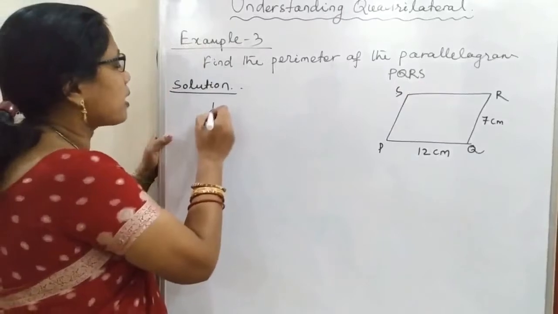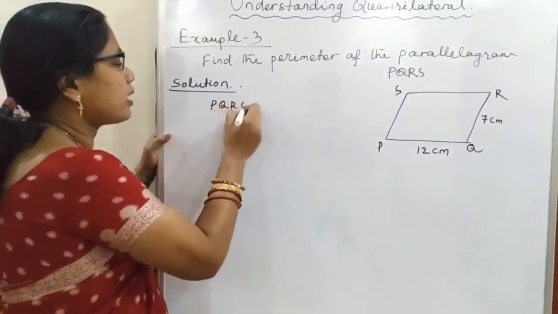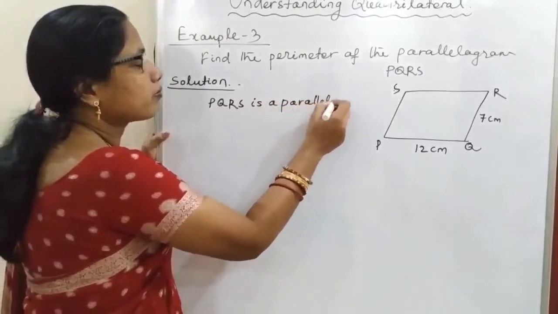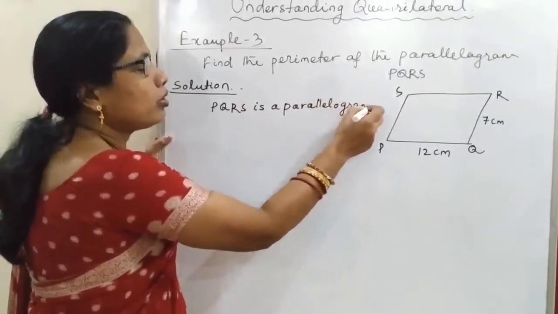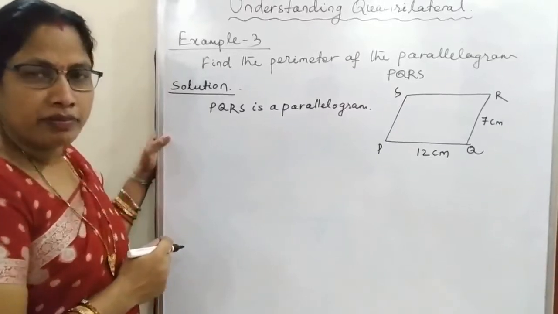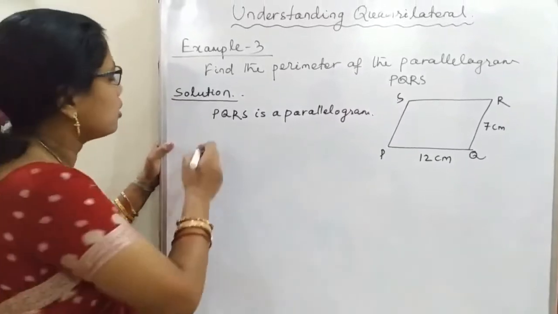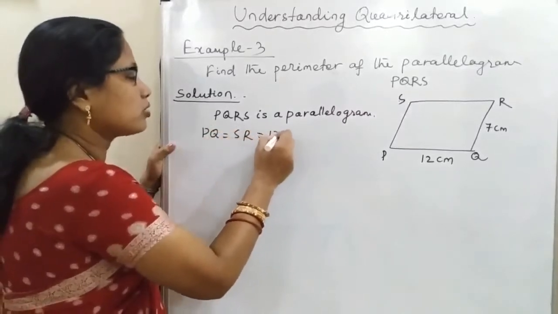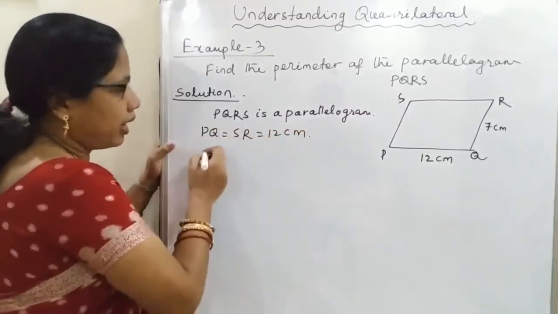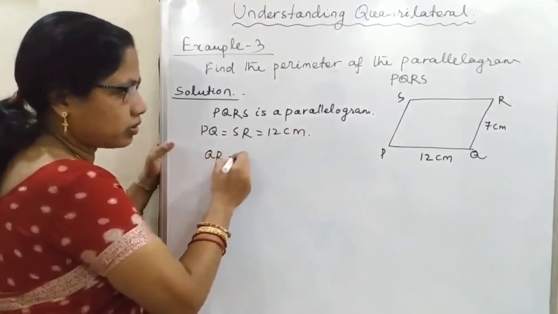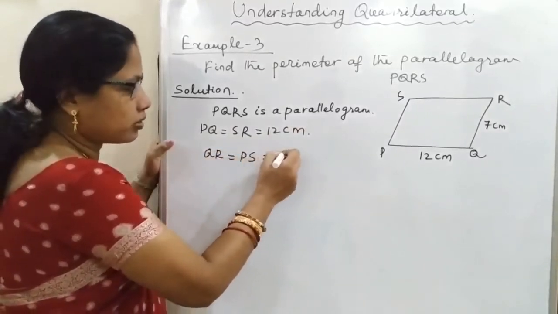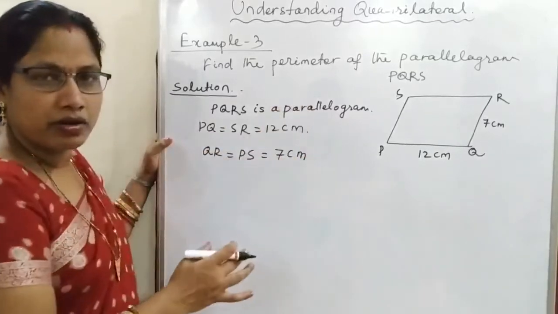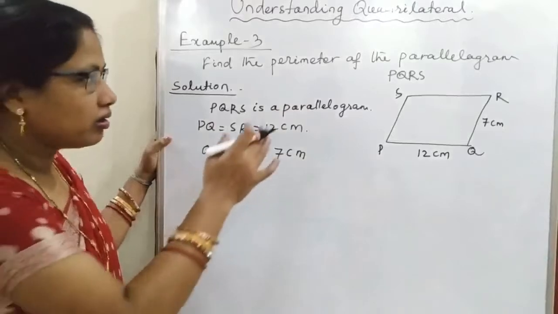So it is a parallelogram. PQRS is a parallelogram. We know in the properties of parallelogram that the opposite sides are equal. So PQ is equal to SR is equal to 12 cm and QR is equal to PS is equal to 7 cm. So now we got the four sides of this parallelogram. Then we can find the perimeter.